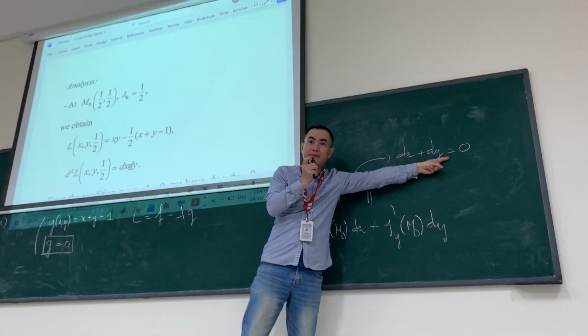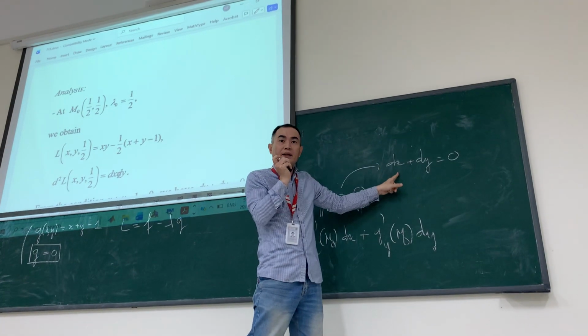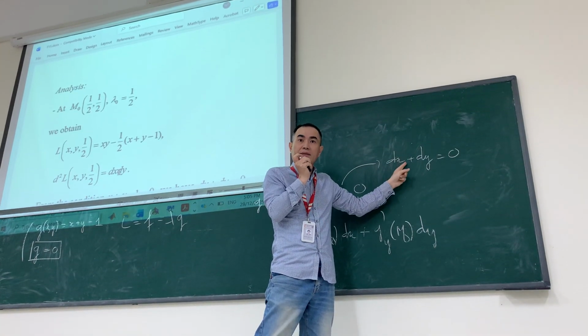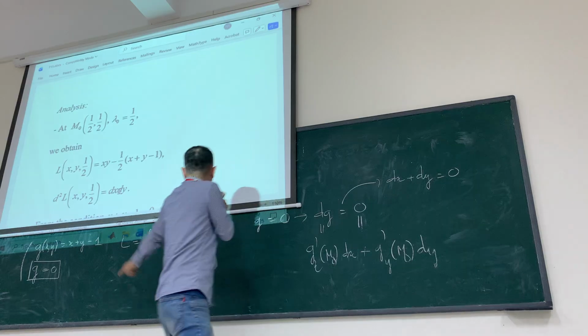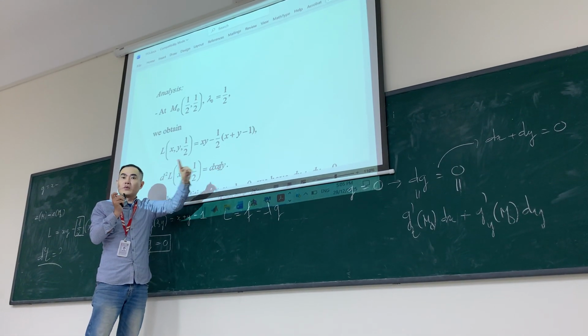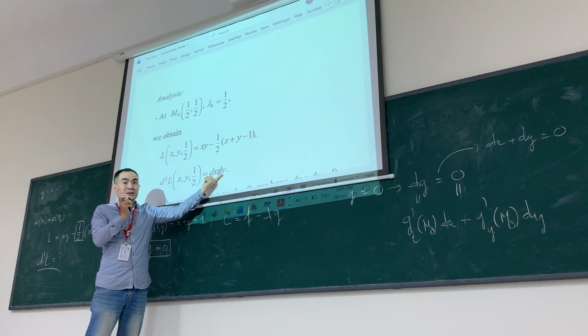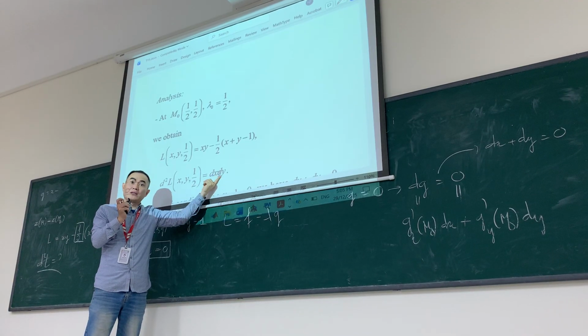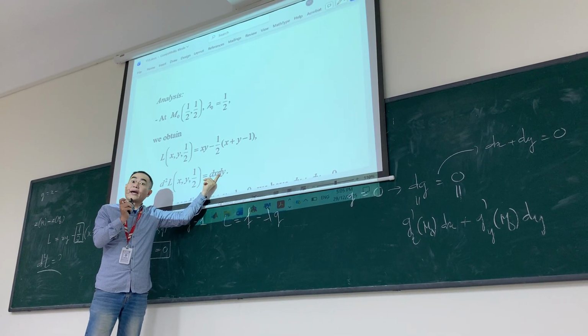We obtain that dy is equal to minus dx. Take substitution, dy equals minus dx, and put it up here, negative. That means we can check the sign of d squared L.